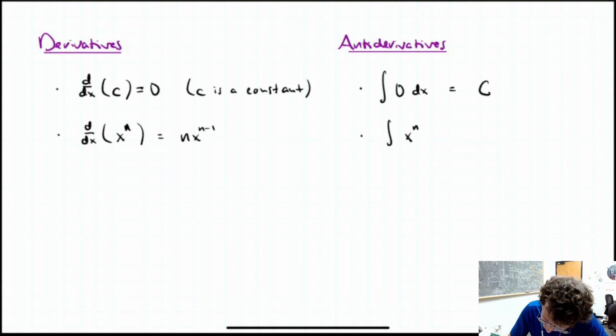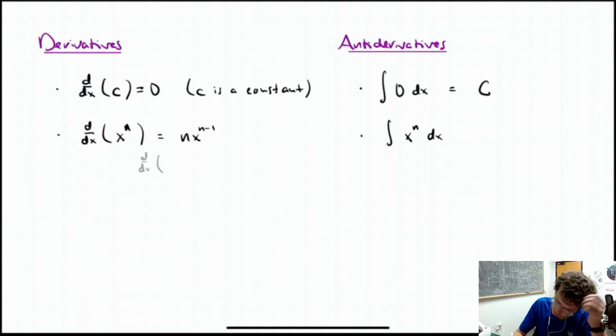What if you integrate x to the n? Well, if I differentiated x to the n plus 1, I know it's got to look something like x to the n plus 1, because the power drops by 1 when I differentiate.